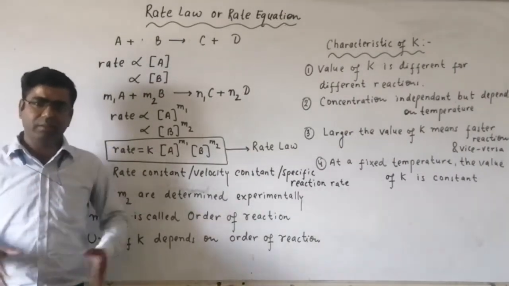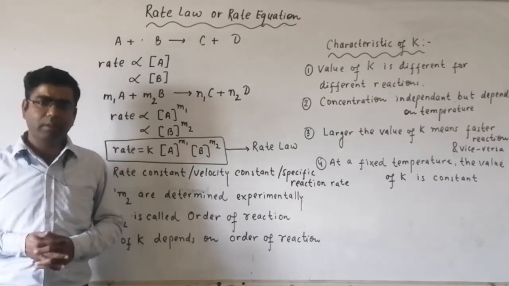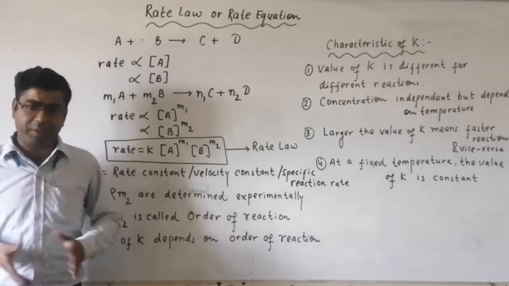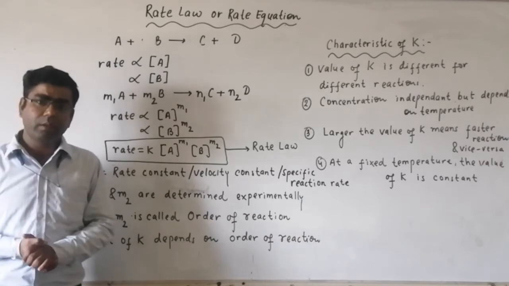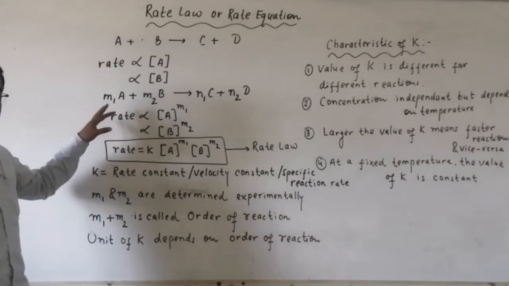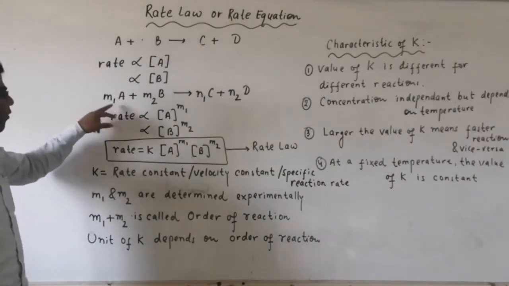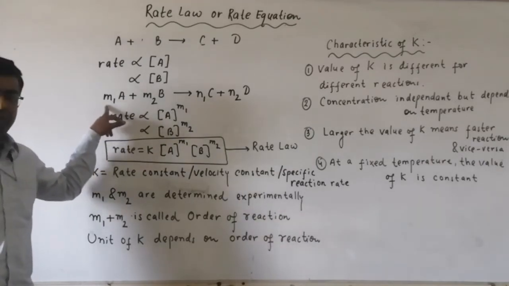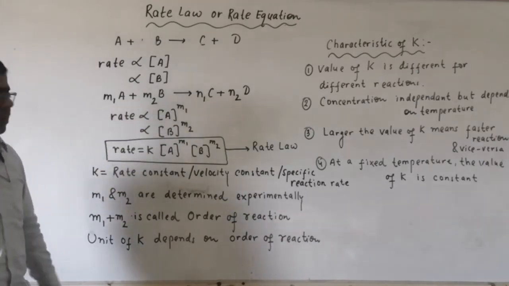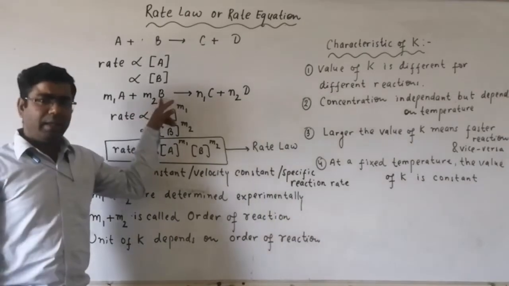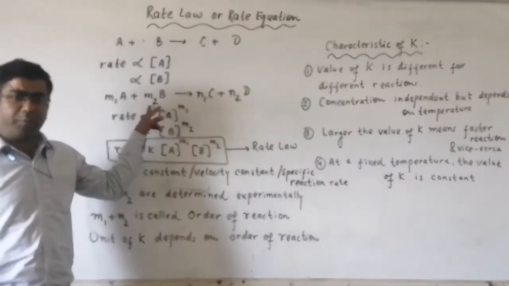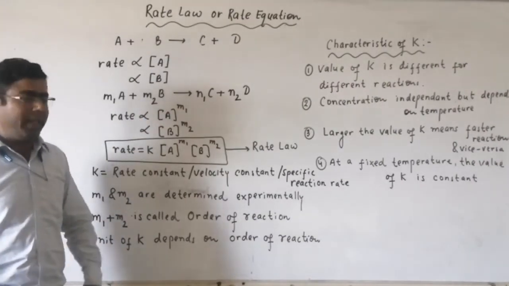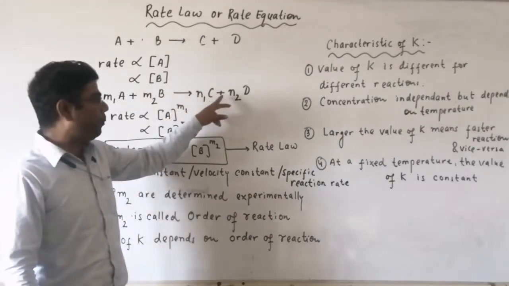Let us change the equation. Let us have some stoichiometric coefficient also. So in the next hypothetical reaction, we are using M1A. M1 is the stoichiometric coefficient of A, balancing mole. M2B, M2 is the stoichiometric coefficient or balancing mole of B, reacts to give you N1C plus N2D.